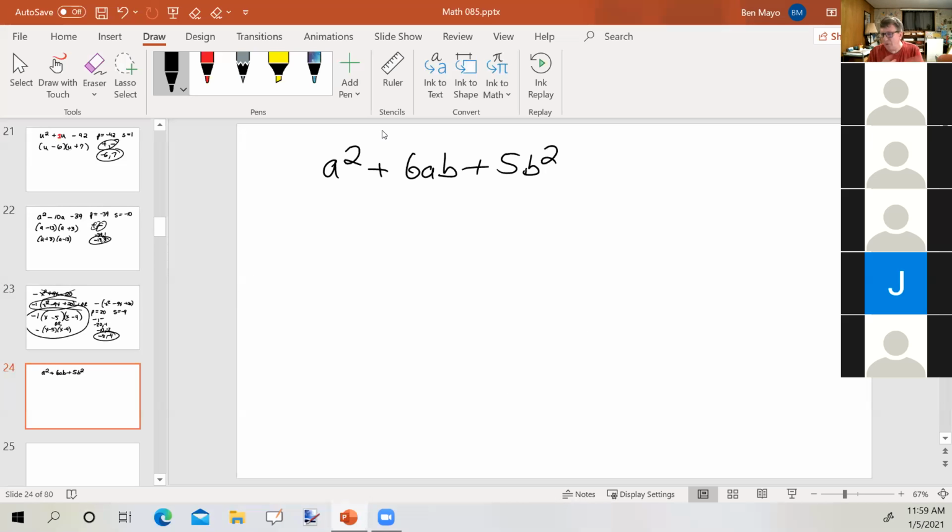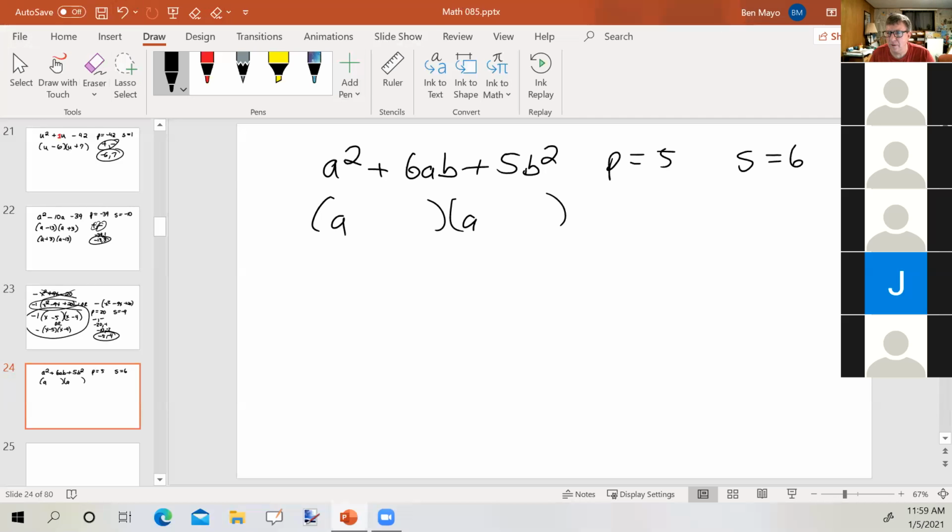Now, we could switch everything around and make it in standard form in terms of b, but we'll do that tomorrow. So there's no greatest common factor, and the leading coefficient is positive. So I'm going to split it up like this. I'm going to have a and a. My product is 5 and my sum is 6. To get a positive product, it's got to be positive times positive or negative times negative.